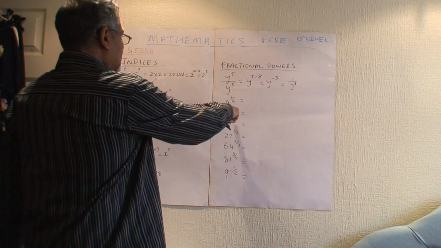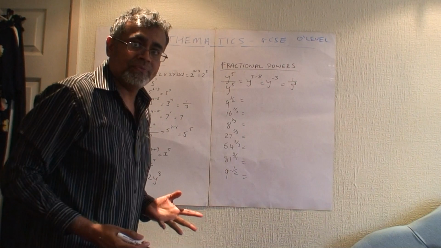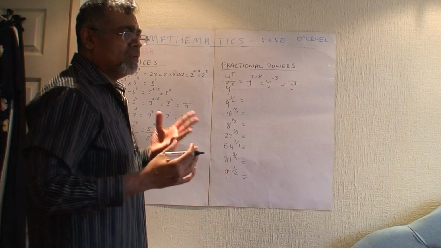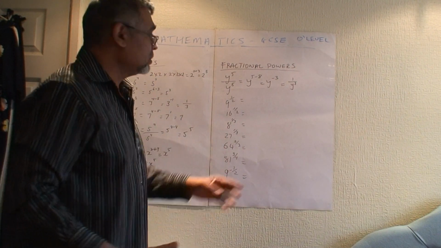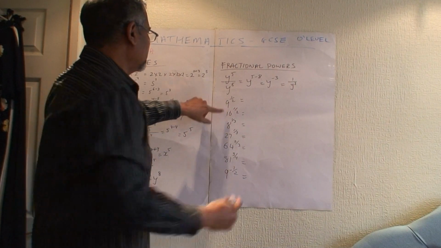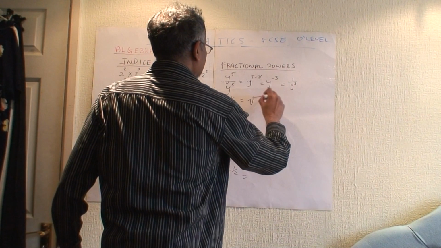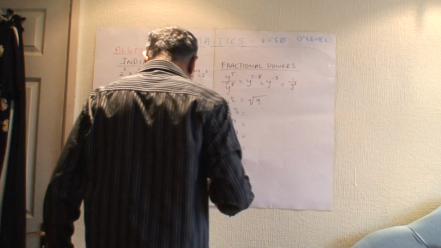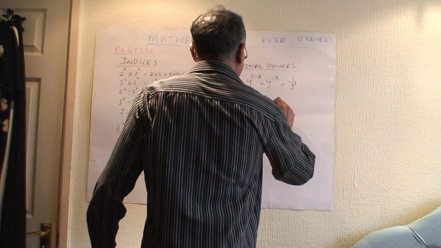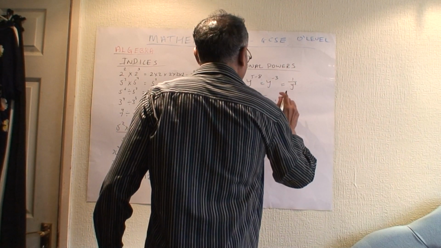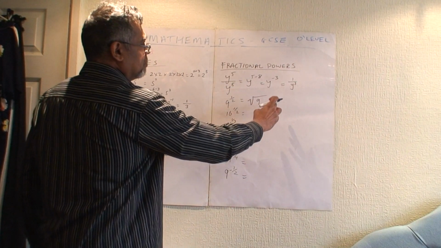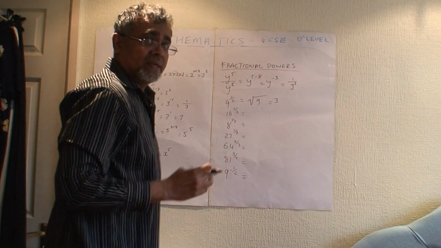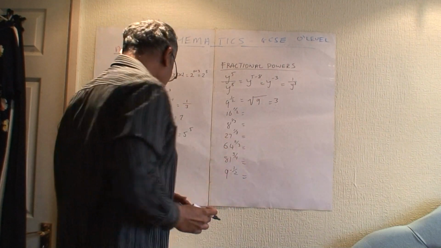Okay, here we have 9 to the power of a half. Anything to the power of a half is the square root of the number. Okay, so square root of 9, that's equal to 3, because 3 multiplied by 3 gives you 9, so the square root of 9 is 3.